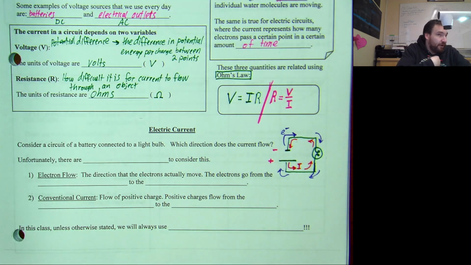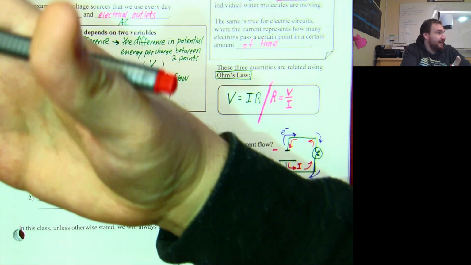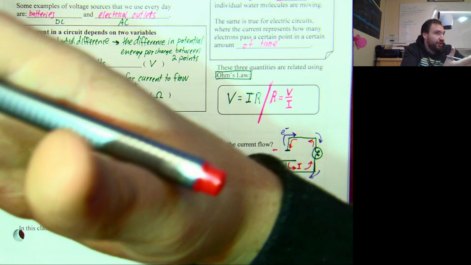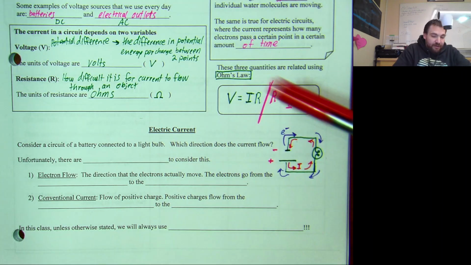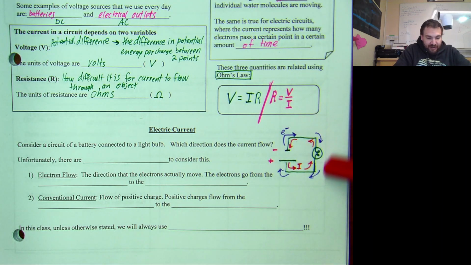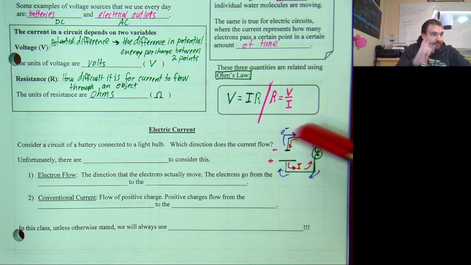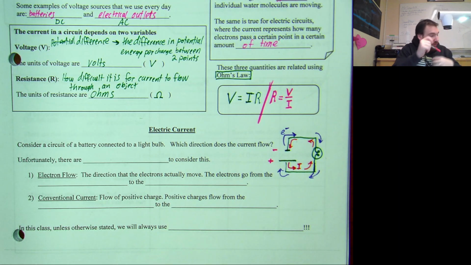So when I'm talking about current, if you're understanding the flow of electrons, you just understand that I mean the opposite direction. Because it doesn't actually matter, the math dictates, it's interesting, it doesn't matter which way the current is going. The current just needs to be able to complete the loop. It doesn't matter if the electrons go this way or if the current goes this way. Our current goes the red way.